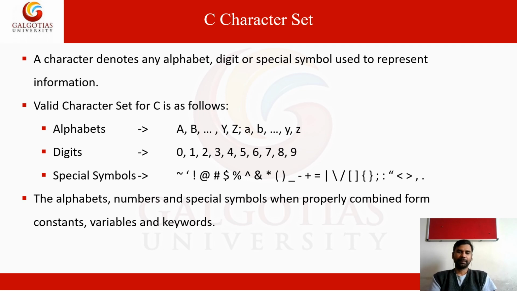Next, special symbols: tilde, single quote, exclamation, at, hash, dollar, percentage, and caret symbol. Ampersand or and symbol, star or asterisk, open and close brackets, underscore, hyphen, plus, equal, and the pipe symbol, which is the vertical line.